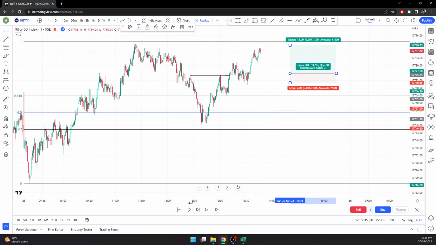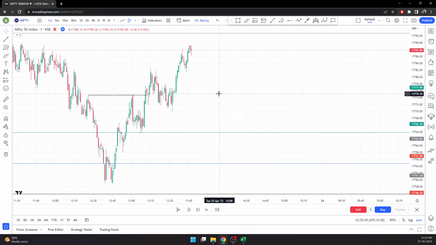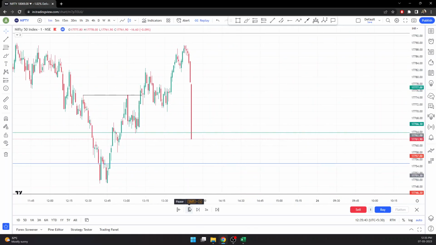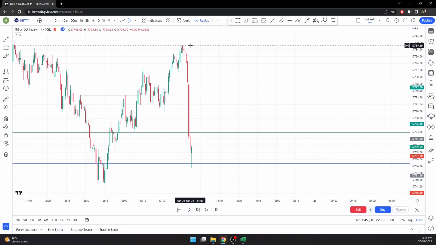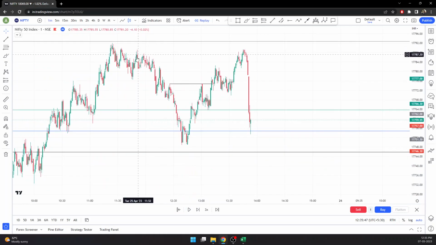So I'm not that interested in looking into this buying entry here, right? So this is what happens. So this is the seller zone here. We can see the selling coming up from this level. It almost went back and touched the 50% zone now.